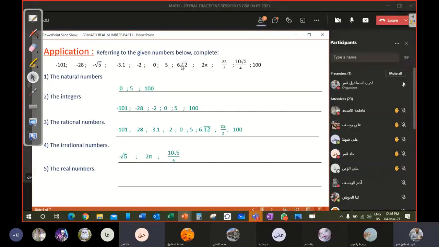So the real numbers is the set of numbers that consist of all the irrational numbers and the rational numbers. This means that all of these numbers are real numbers.